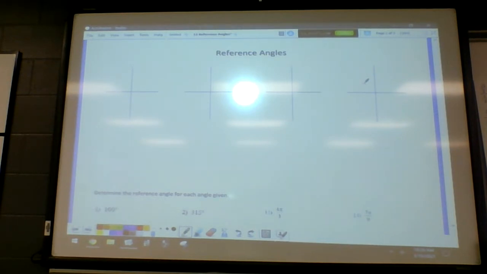It might be a little bit harder. And so what we're going to talk about today is reference angles. Each of the quadrants, the second, the third, and the fourth, are based off of the first quadrant, right? If you know what the point is in the first quadrant, all the other points follow suit. The only difference between them is positives and negatives.